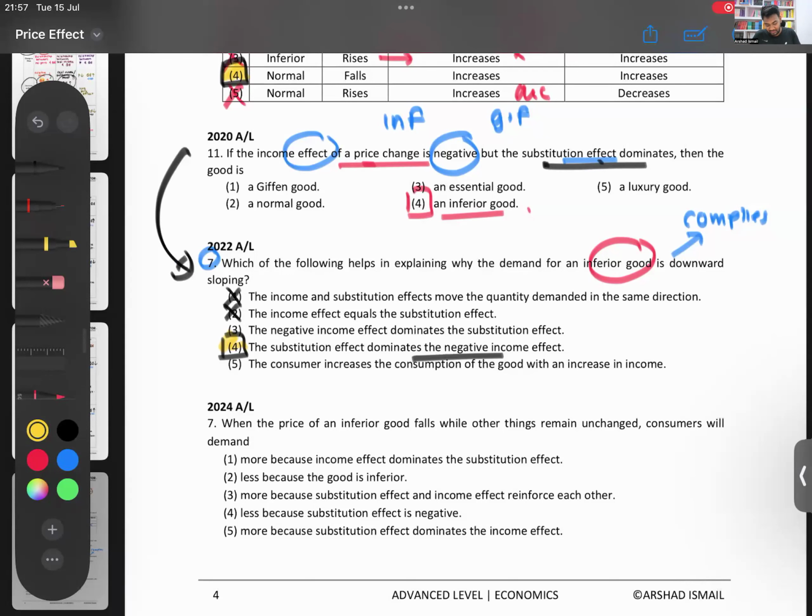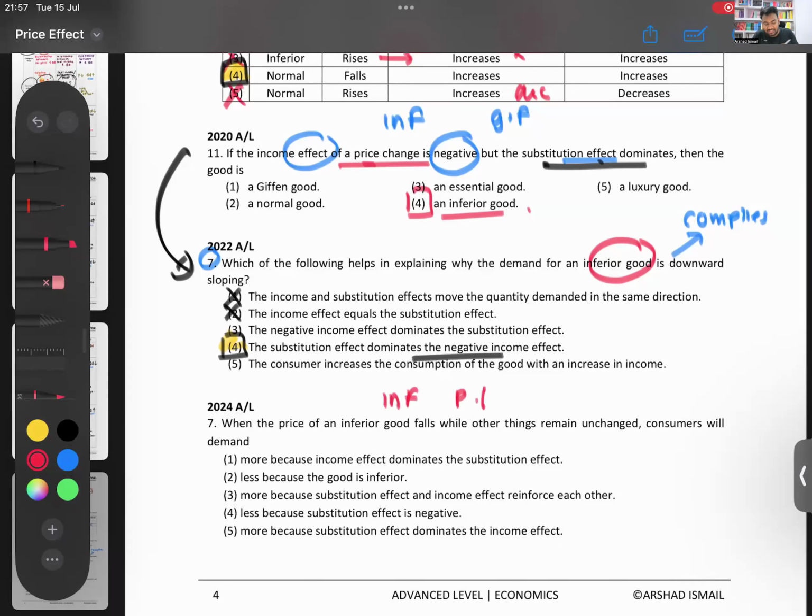Okay. Last one. 2024 is the latest A-level paper that students did this year in February. So when the price of an inferior good falls, when other things remain unchanged, consumers will demand either more or less. So inferior good, if the price falls.